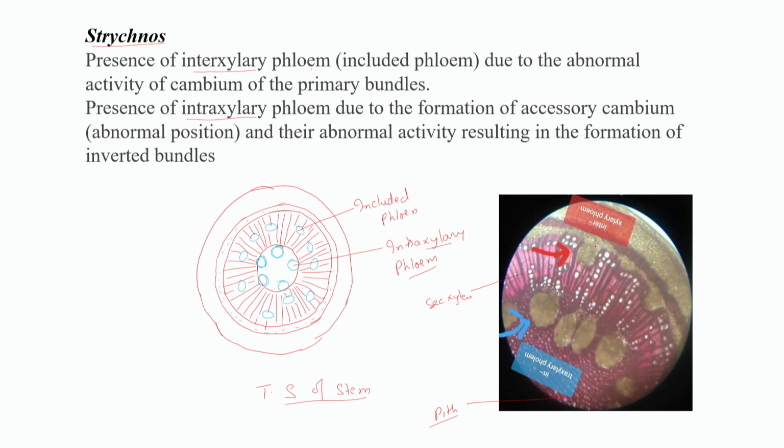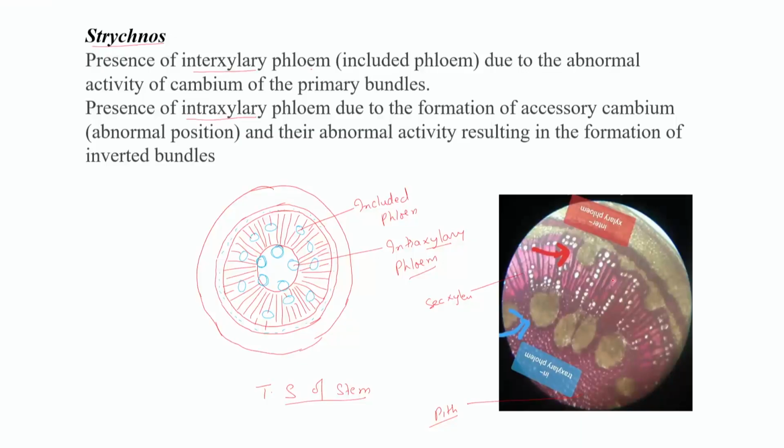Above it, patches of interxylary phloem start to be formed, and depending on the type of species, the amount of that included phloem can vary. It could be more in some species of Strychnos, it could be less. In some species you can observe more intraxylary patches, whereas in some more included phloem could be there. But depending on the species, this variation could be there. So this is the included phloem. Above this, you can see the normal phloem.